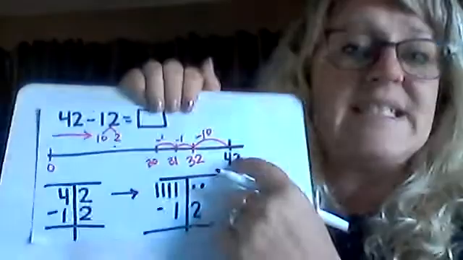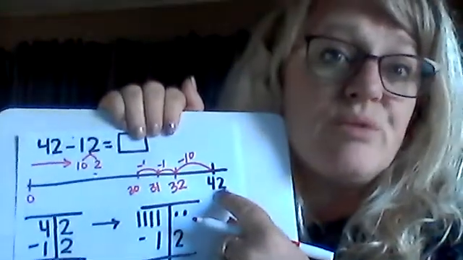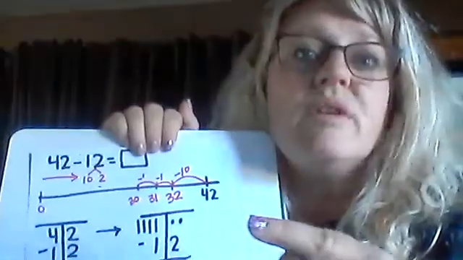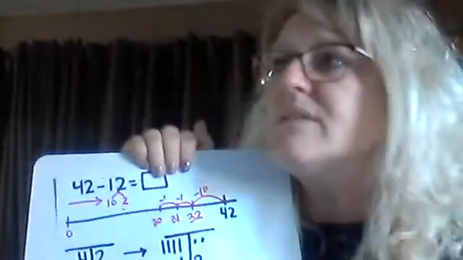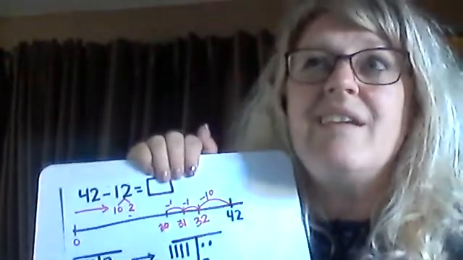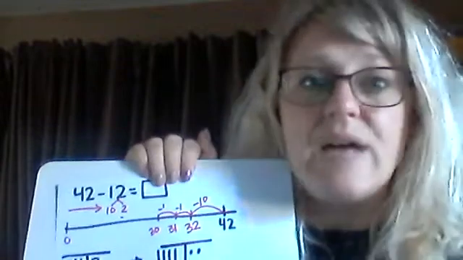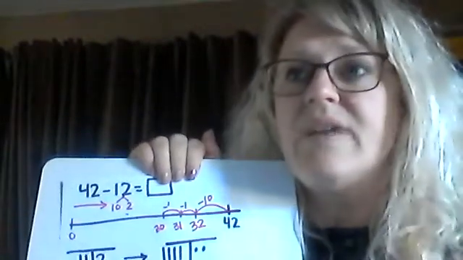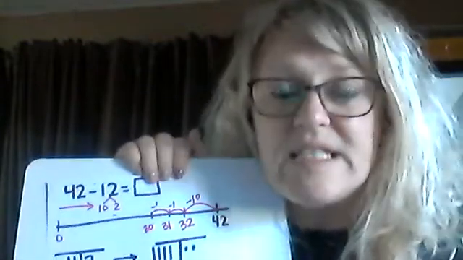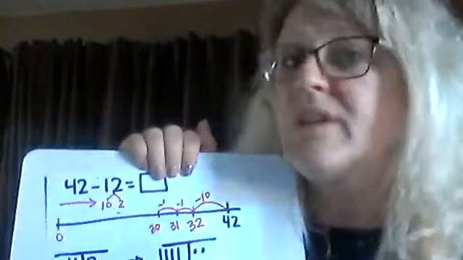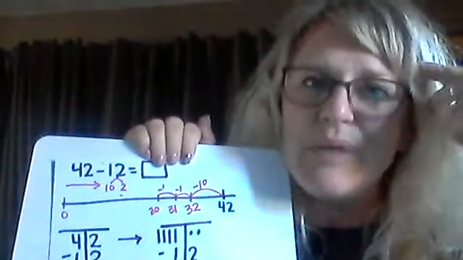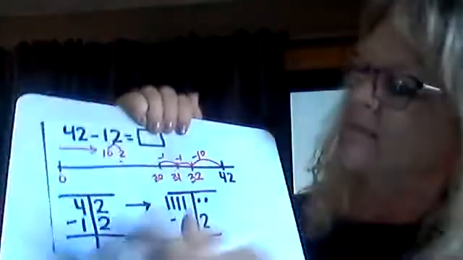If we were to count by tens starting at 42, it would go 42, 32, 22. Or we could start with 87 and count down. 87, 77, 67, 57. So practice chanting those numbers up and down the number line by tens and by ones to help build your muscle memory.